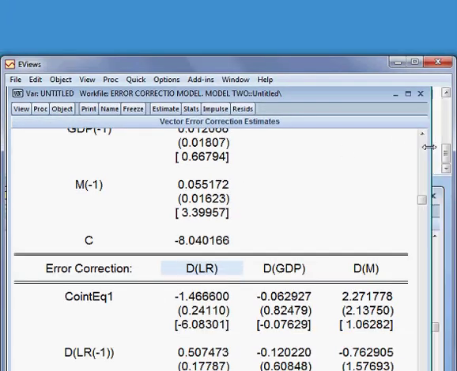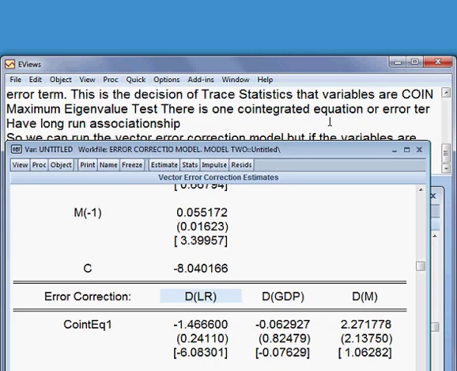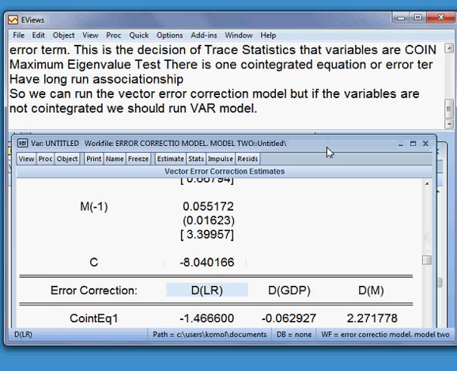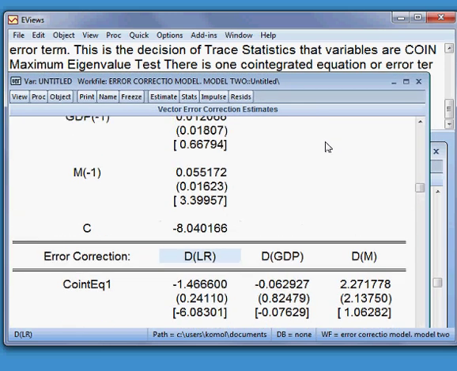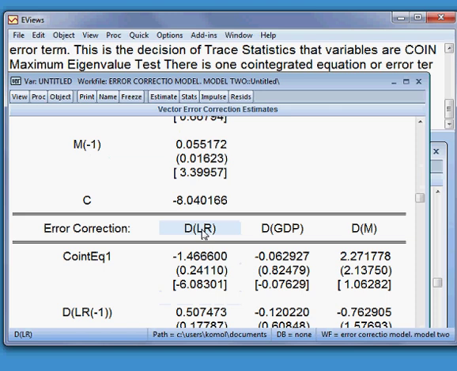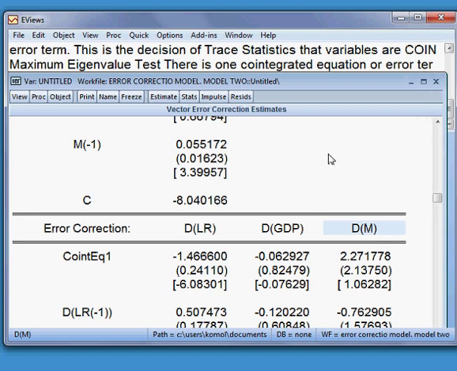The software is automatically converting all the variables into first difference. So you see from here, it is DLR, automatically converted to first difference. It is DGDP, the GDP converted to first difference automatically, and money supply converted to first difference automatically, right? That the software does, always converting the variables into first difference, especially in the VECM model.